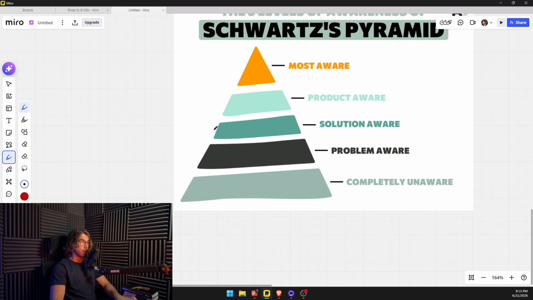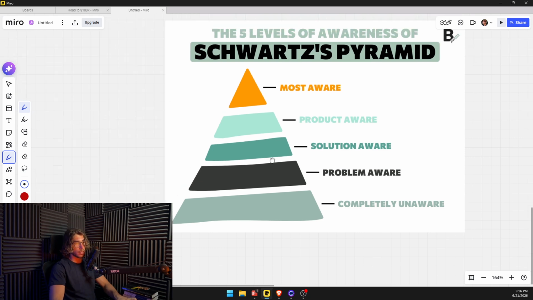And if you're starting at solution aware, you're not going to go back to educating them on the problem. It has to move upwards, wherever you're starting. If you're starting solution aware, then you go to product aware, then most aware. If you're starting at problem aware, you get the point, right?